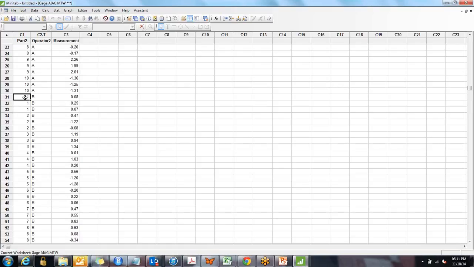Then we have operator B, who is also measuring all the parts, 1 through 10. Then we have operator C, who is also measuring all the parts, 1 through 10. Alright. Now tell me, Anuj, where should I go? How do I navigate the options?